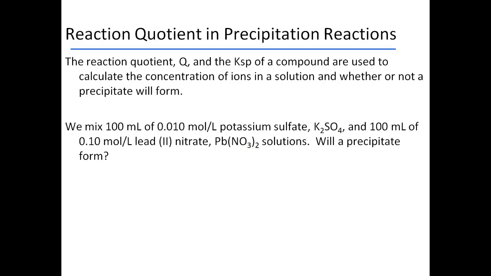So before we dive completely into it and look at the total ion product and see if a precipitate will form, we first have to go back to our grade 11 knowledge, and we'll write out our balanced equation. And then from this balanced equation, we have a lot of extra information here.